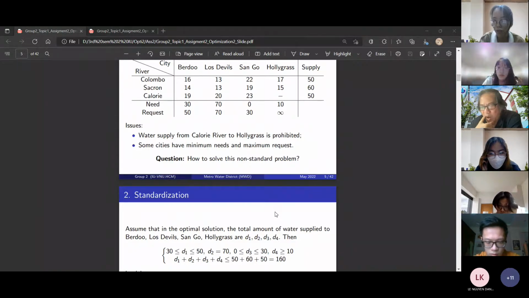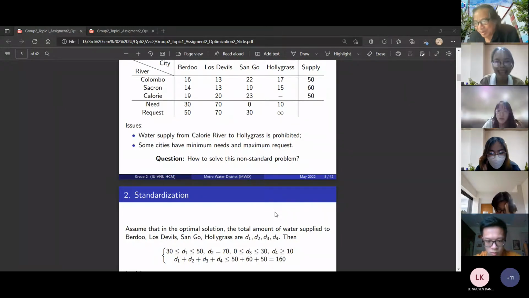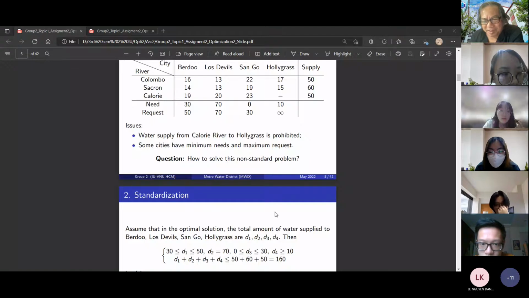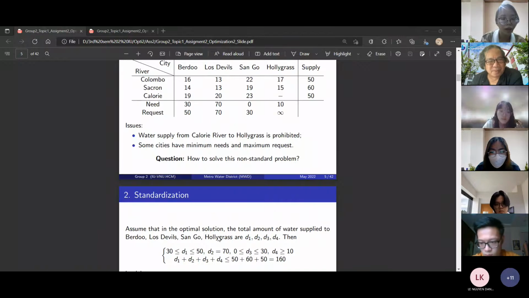And the request amount is the amount the city requests. I think the request amount is the maximum the city can receive. If you supply not equal to that, is there any problem? We supply from the need up to the request.